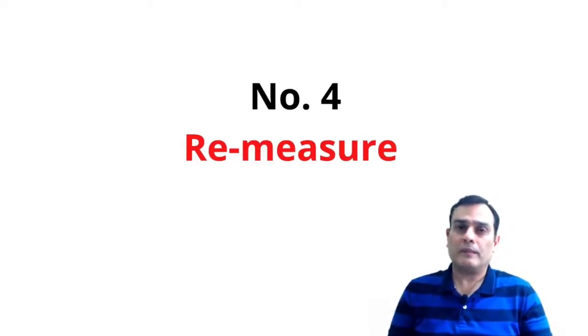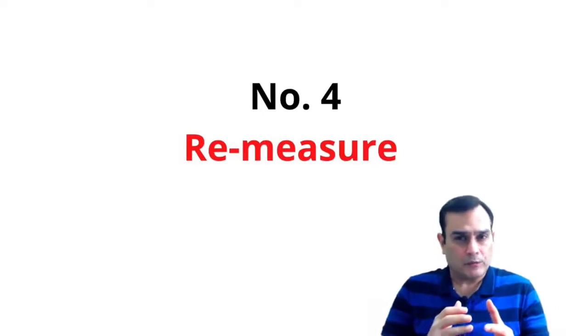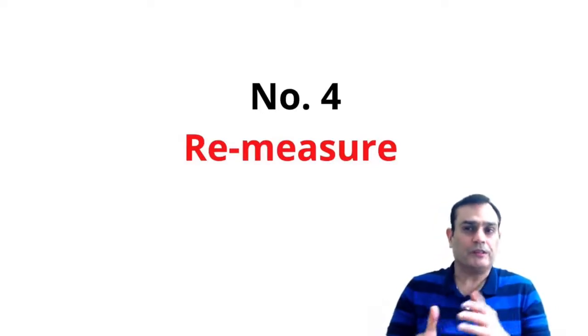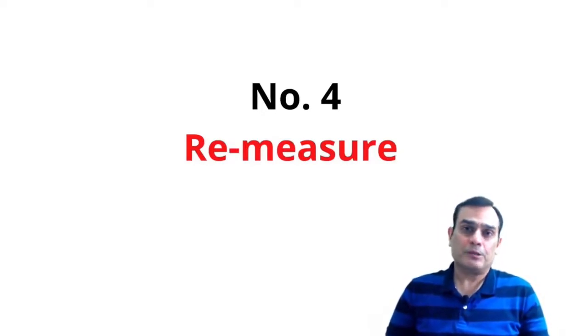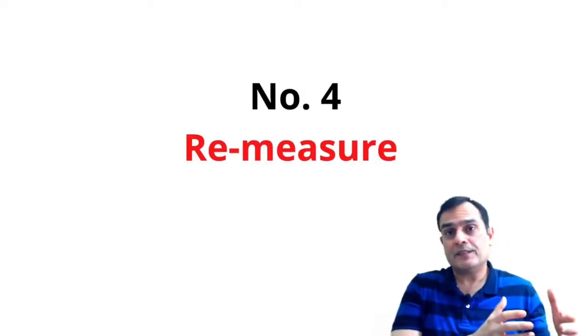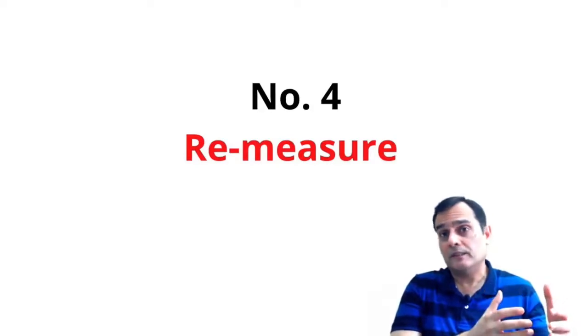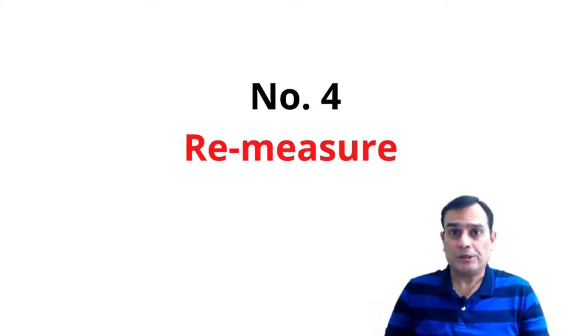Now, I know what might be coming to your mind: if there is a reclassification, it would not lead to a difference in the books of accounts. But if there is a remeasurement, recognition, or derecognition, then that would lead to differences in the books of accounts as well. Suddenly you're going to derecognize an asset or liability which was already in the books, or you're going to recognize something, then where do you take the corresponding changes to?